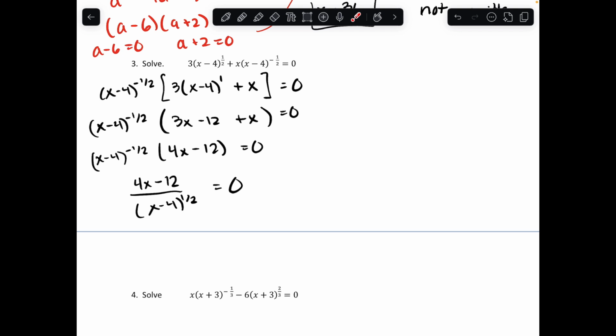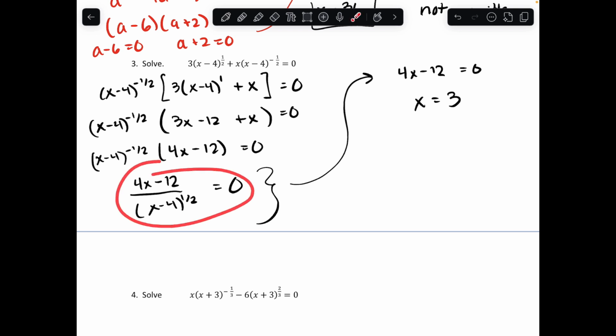So a fraction is only equal to 0 when its numerator is equal to 0. And so we can really say that this is going to imply that 4x minus 12 has to be equal to 0. Adding 12 over and then dividing by 4 gives us that x is equal to 3.